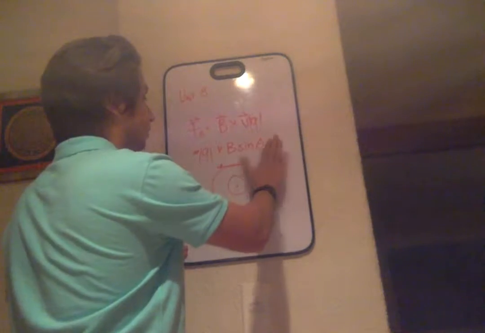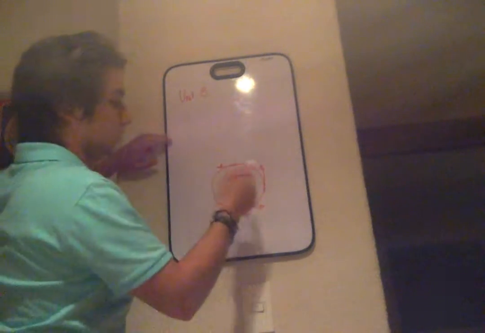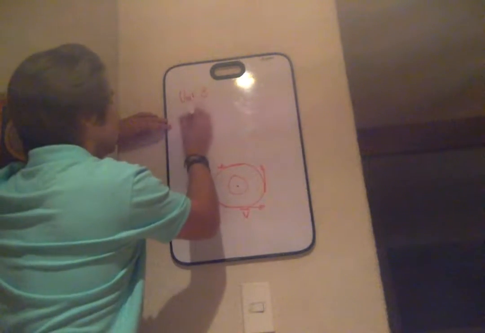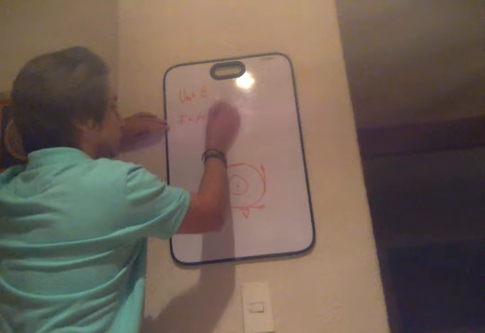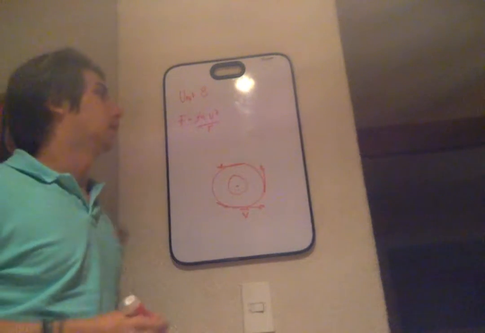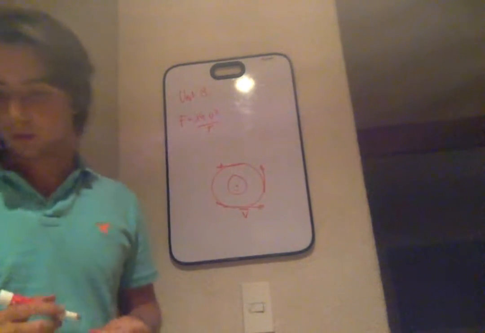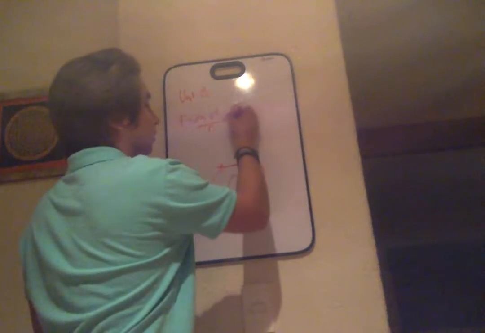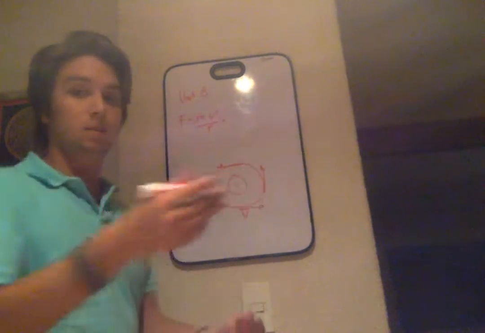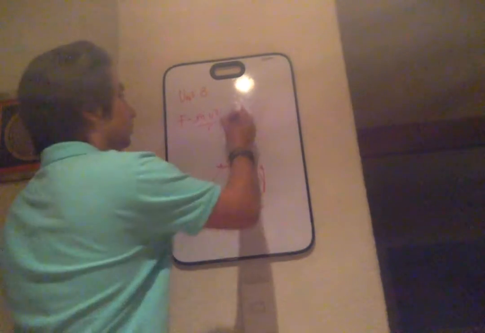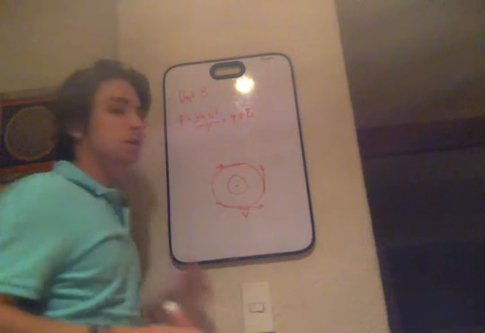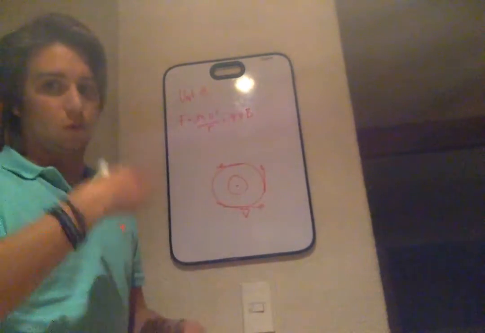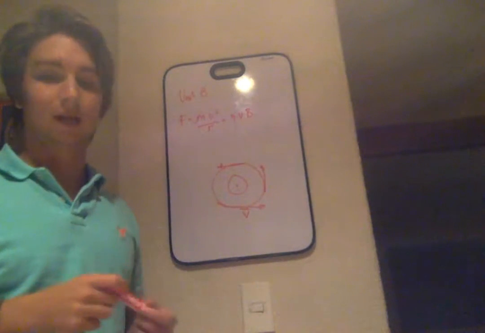So I'll erase this a little bit. Remembering circular motion, we have the force equal to the mass times velocity squared over the radius, and as it is perpendicular, that will be equal to the charge times the velocity times the magnetic field, because that's the magnetic force.